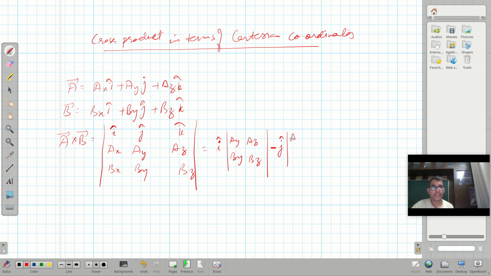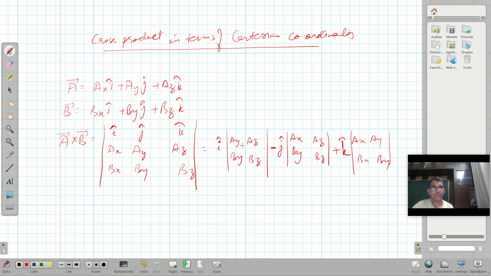Excluding this, we write ax bx, az bz. Plus for this, because this is also an even position, first row and third column, 1 plus 3 is 4, so that's why it has a positive sign here. So it is represented by ax ay bx by.